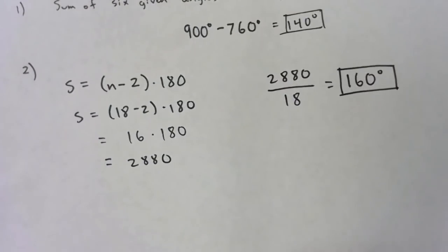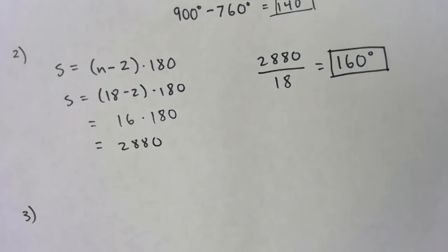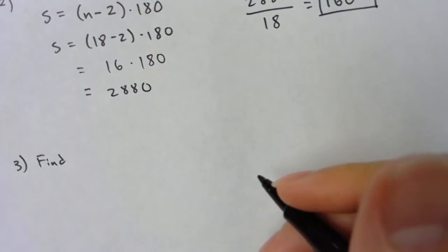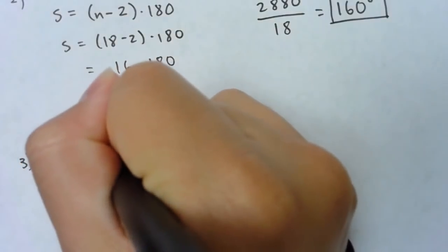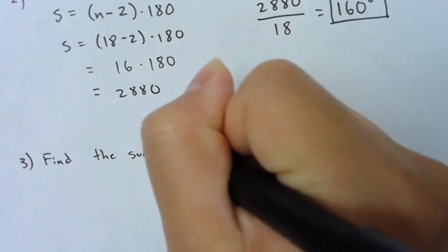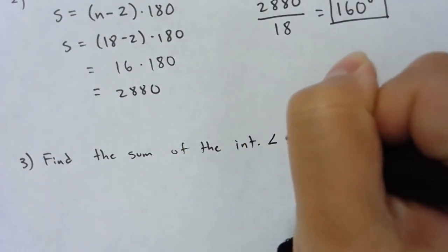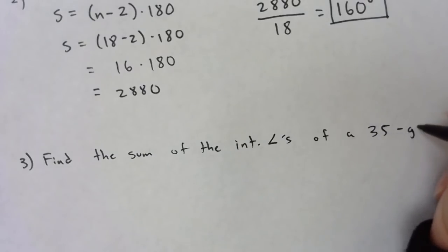For number 3, this one is actually more basic than the ones we just did. I want to go ahead and cover the problem from the very first Do Now, and that said find the sum of the interior angles of a 35gon.